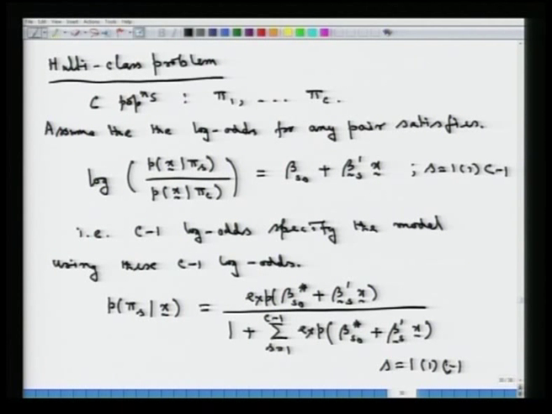So, for these c minus 1 populations, the posterior density p of pi s given x is given by this. I will just define what beta s naught star is and those quantities.